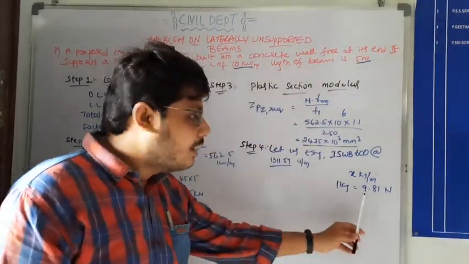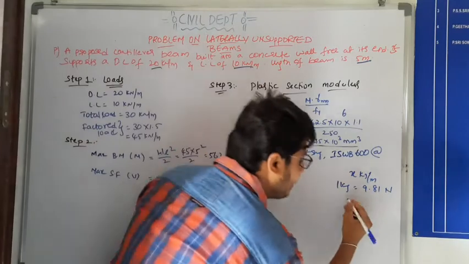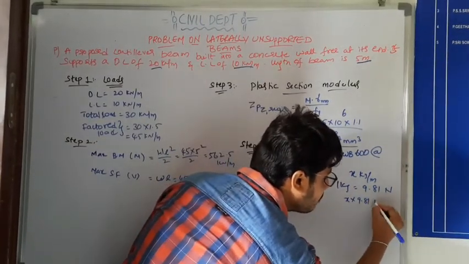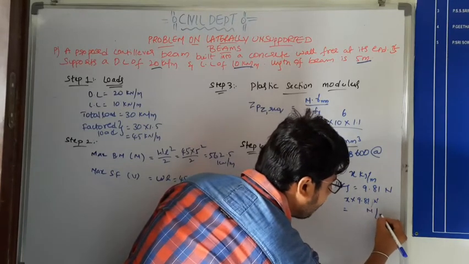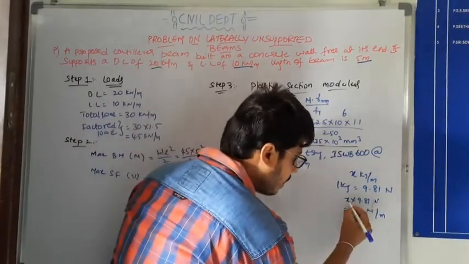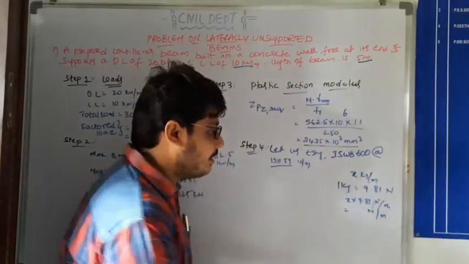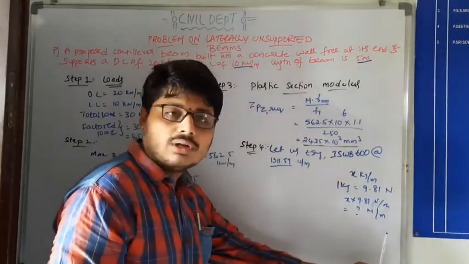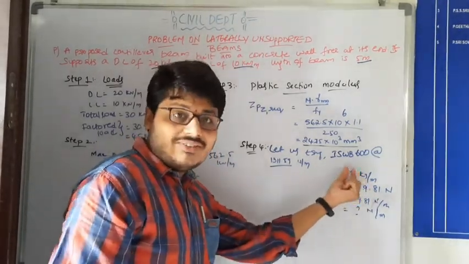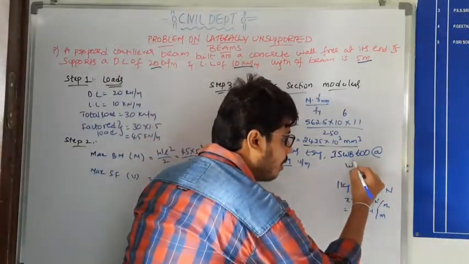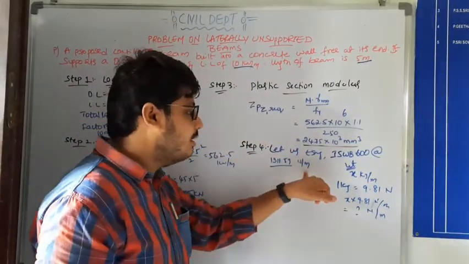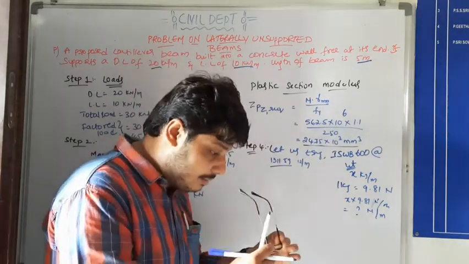So multiply the x value by 9.81, and that will give the answer in Newton per meter. Multiply that weight value x with 9.81, and we will get the value in Newton per meter.